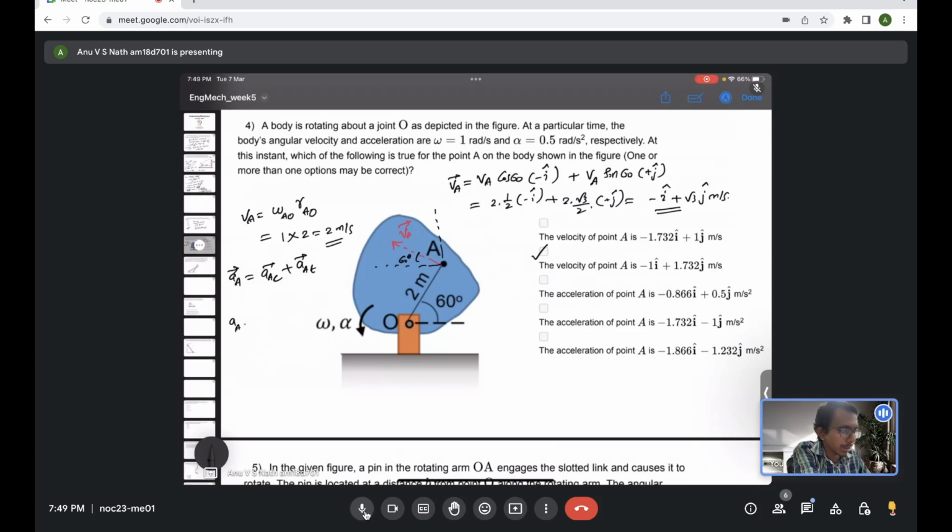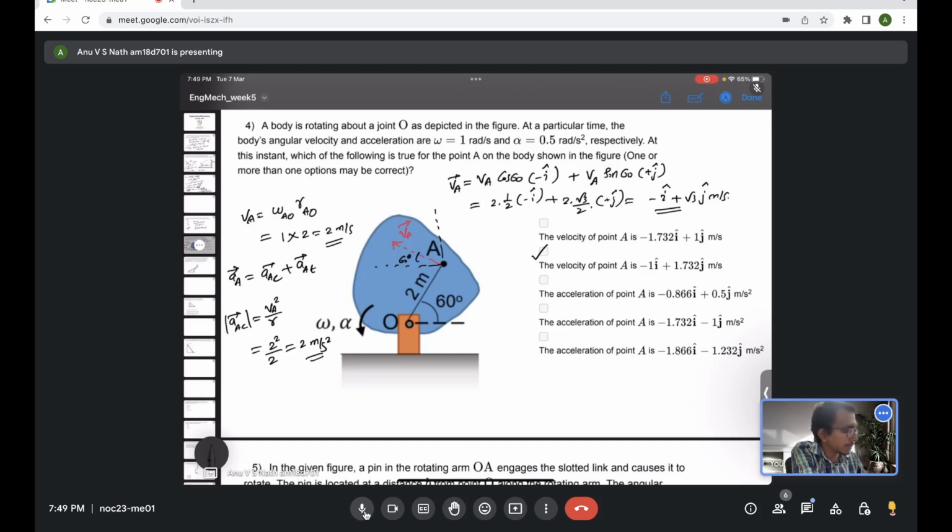First of all, the magnitude of the centrifugal component is just v square by r, velocity of A square by the radius of the curved motion. Velocity of A we already evaluated, it is 2 meter per second. So it's 2 square over the radius, which is also 2 meter, so it is 2 meter per second square. That is the acceleration of A due to the centrifugal direction.